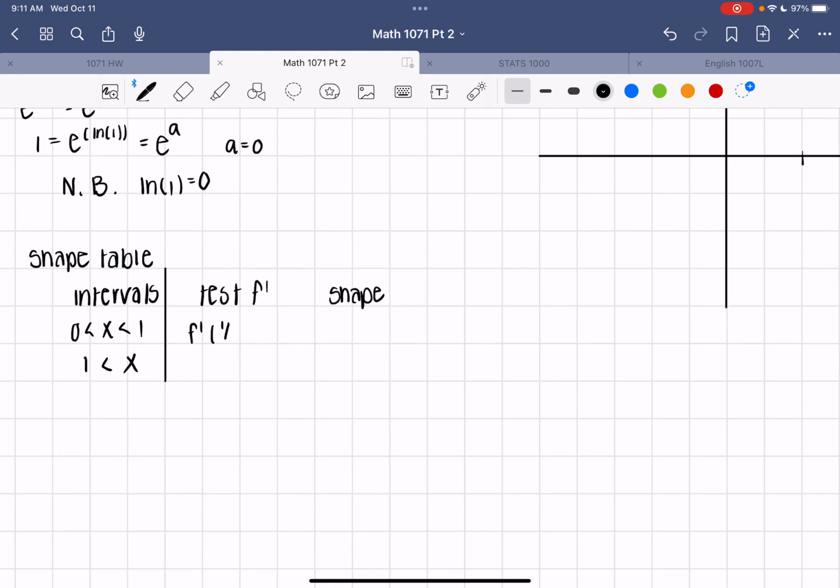That's 1 minus a half, which is positive. Therefore, the shape is increasing. So draw decreasing on the left, increasing on the right.